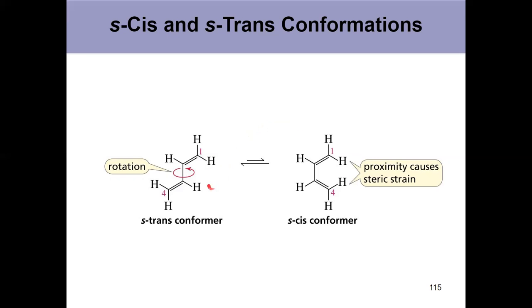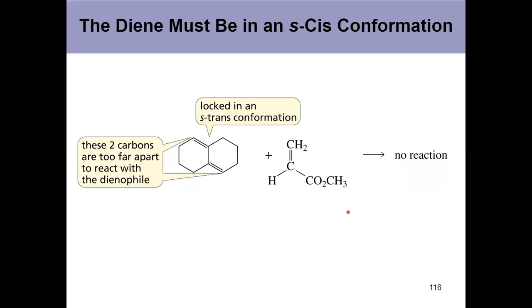So typically, you're going to find dienes in the s-trans conformation. But usually, it's a pretty low energy barrier to overcome and allow the Diels-Alder reaction to occur. You just heat it a little bit. That can provide energy to convert your s-trans to your s-cis, and then the reaction can occur. But what's an even better way?